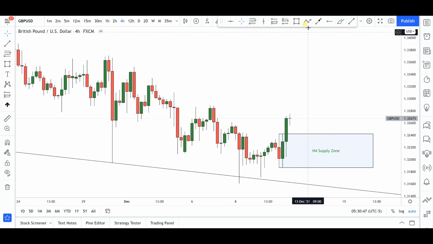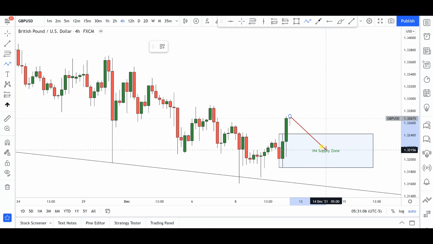So who knows, what I'd love to see next week, now that we got a very nice push to the upside that broke these levels of structure, is maybe a little reaction from this particular zone that we have here, and then for price to give us maybe a push to the downside into this newly formed 4 hour demand zone.